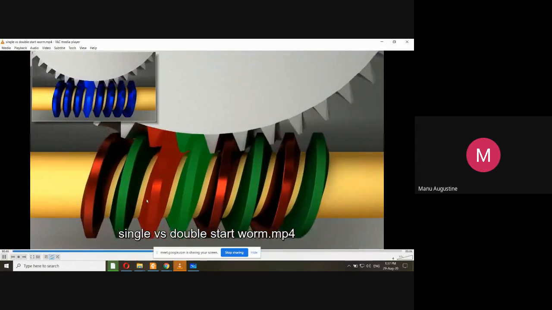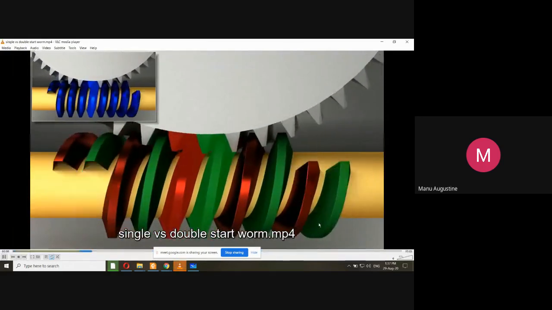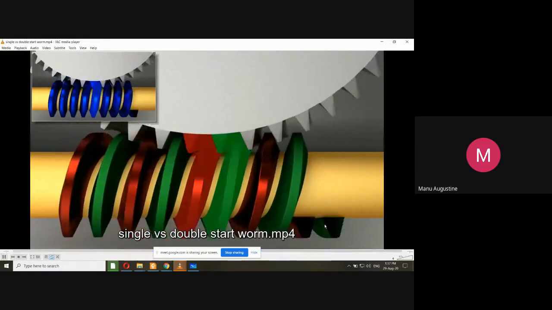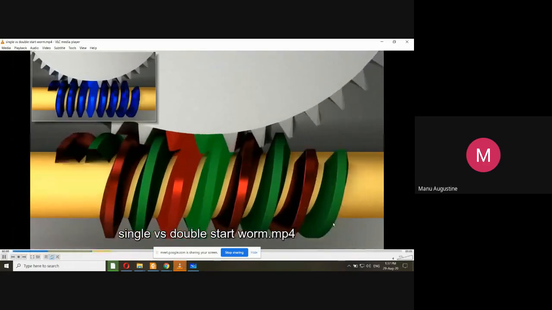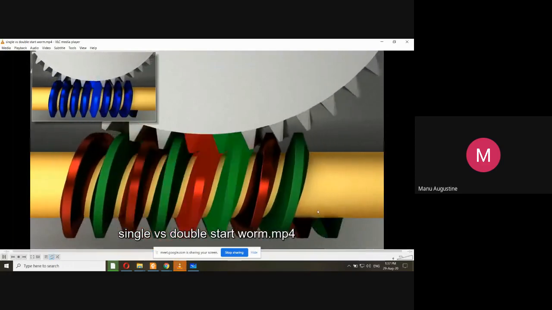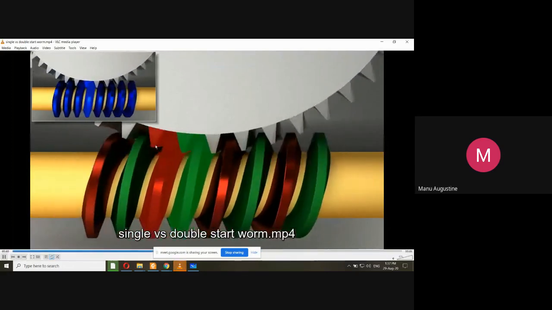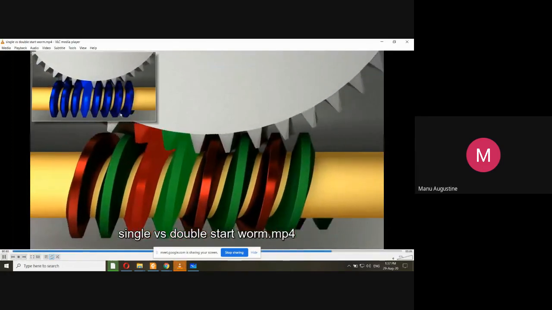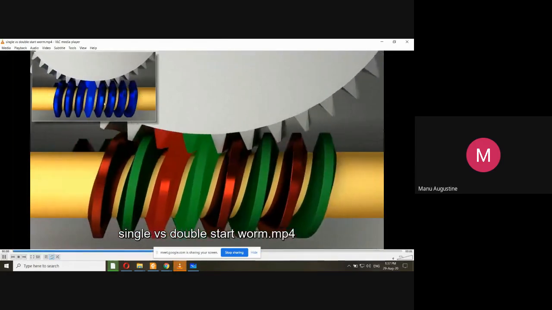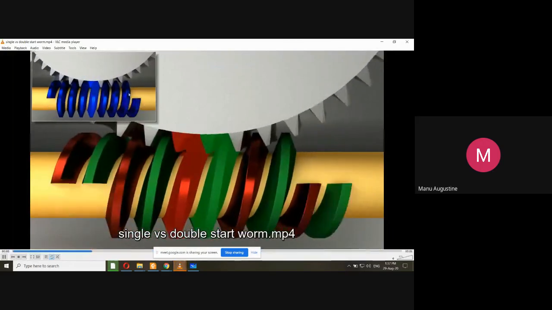But look at this part now. In this case, we have a double start worm. Again, look at this particular tip of the worm: start, stop, start, and again stop. So this is one revolution of the worm. And please note that in one revolution of a double start worm, two teeth of the gear are actually moving. So this comparison is just to explain that in the case of a single start worm, the speed of rotation is one tooth per revolution of the worm.